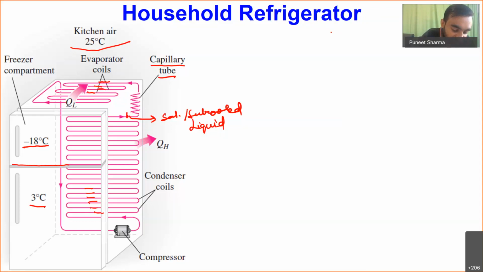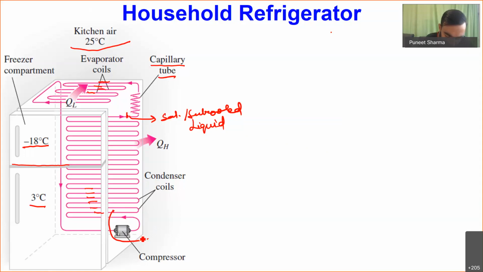Now one important point: while we physically arrange the different components, the condenser unit and compressor unit are placed close to each other, and both these units are placed facing towards the surroundings.